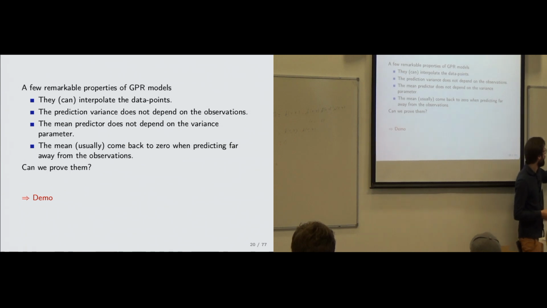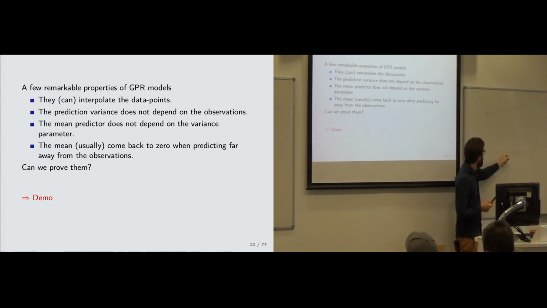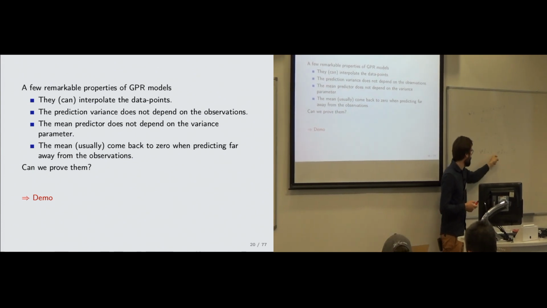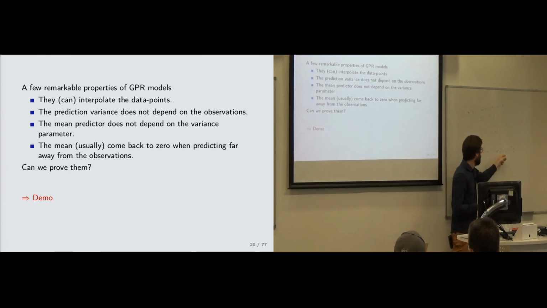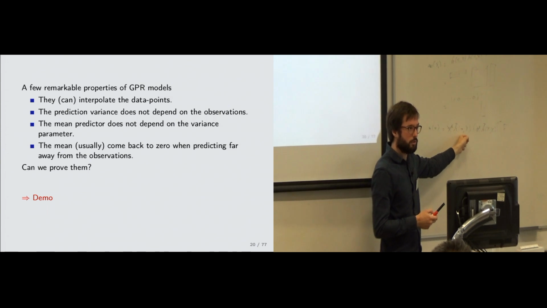When you are far away from the observation, if you have a covariance that is like a hat covariance function, like many of the covariances we were looking at so far, if the point where you want to predict is far away from the observation, this vector is going to be 0 or tend towards 0. This is just going to be a constant, so the mean is going to tend towards 0.